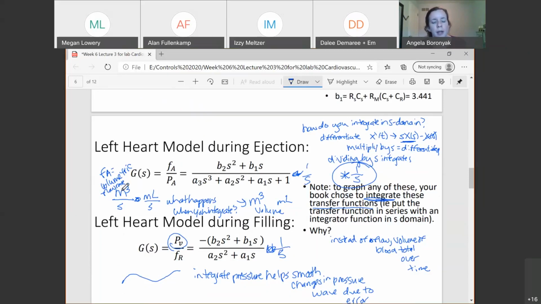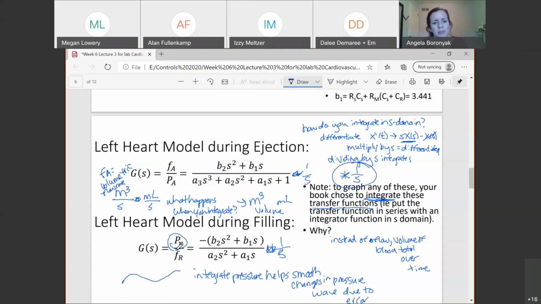And flow rate, if I'm talking about blood flow or water flow or whatever it is, normally has units of volume per second, like meters cubed per second or milliliters per second. When you integrate that, you now have total volume. So it's easier to think of, instead of flow at a given time, would I have higher flow or lower flow, just talking about the total volume of blood that has passed through my aorta over time. That's an easier relationship to think about.